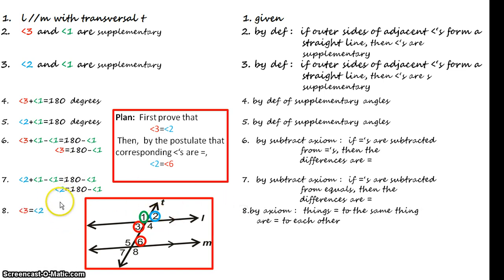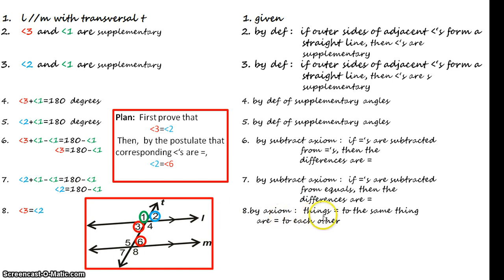So we can conclude then that angle 3 equals angle 2, or I should say congruent to angle 2. And the reason we know that to be true, this little substitution that went on, is because of another axiom.